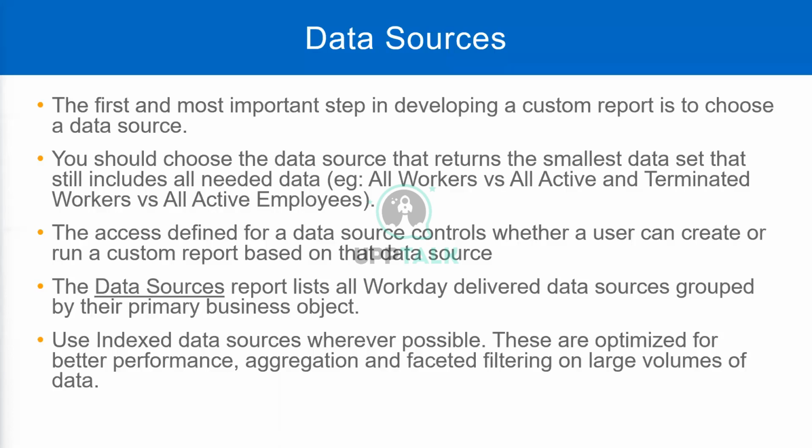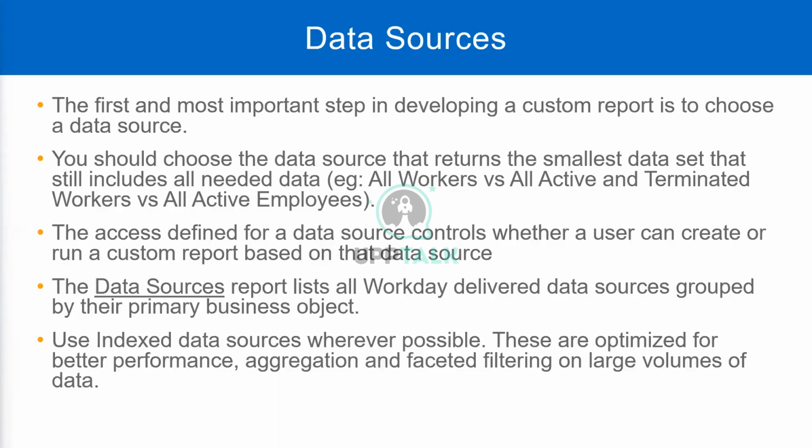So if you are creating a report on existing workers and terminated workers, which of the data sources would you choose? All workers versus active and terminated workers. Which one would you choose? Active and terminated. Yes, you may choose all workers as well, right?